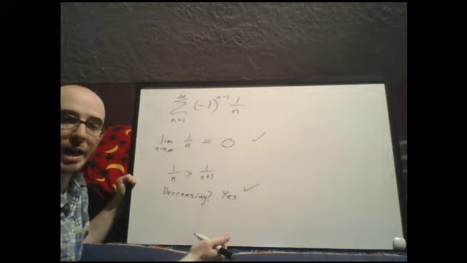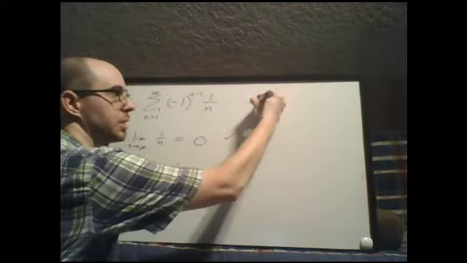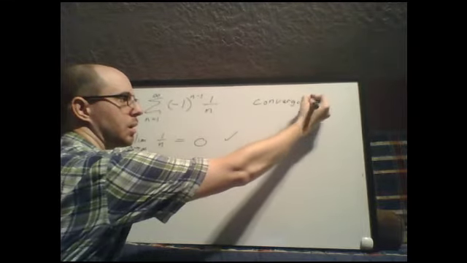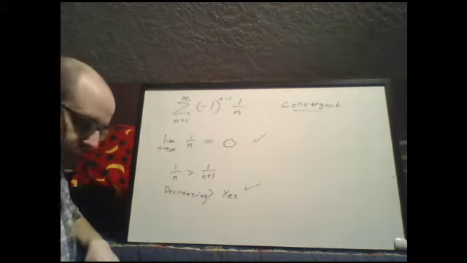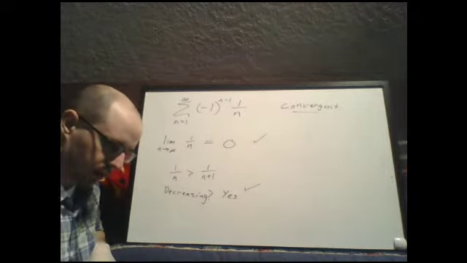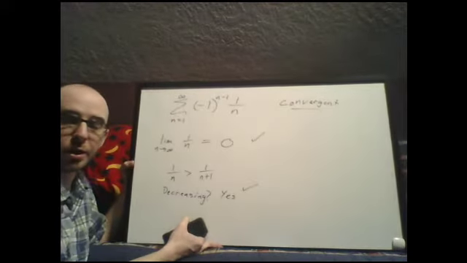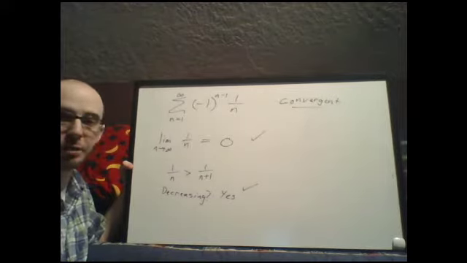So we've checked the two requirements of the alternating series test, so that tells us this is convergent. This is in contrast to the regular harmonic series, the summation of 1 over n.